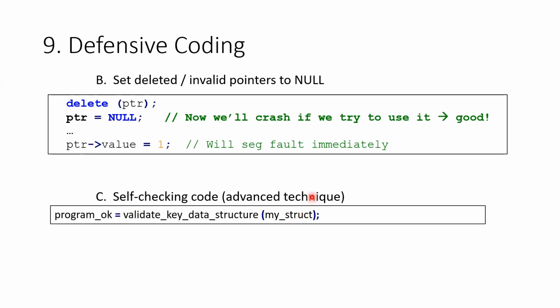An advanced technique is to add in self-checking code, and this is not required for this course. Self-checking code will check your code while the code is executing, like writing in tests or validation functions.